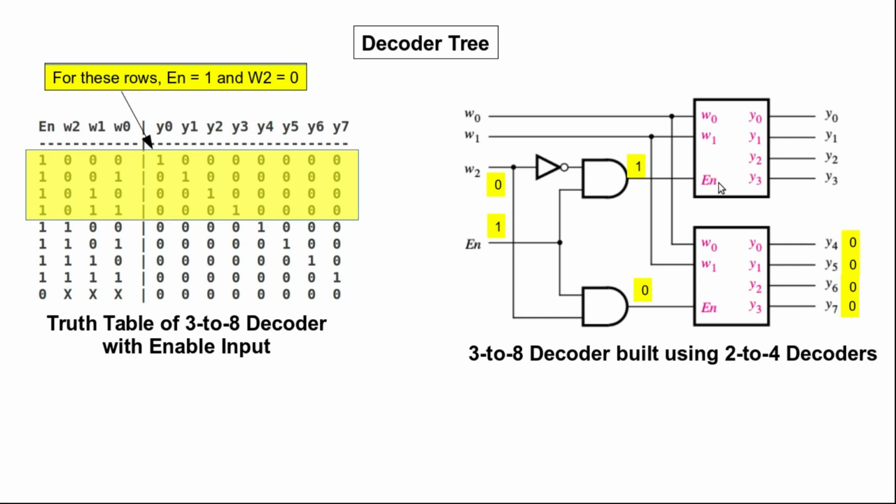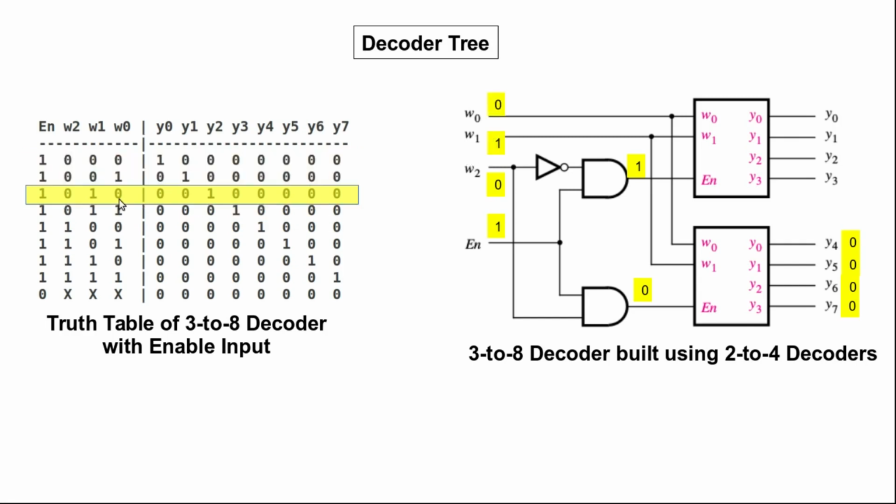And when the enable input is equal to 1, the output that we see from the 2 to 4 decoder will depend on what the input values are. So here the two inputs are W0 and W1.